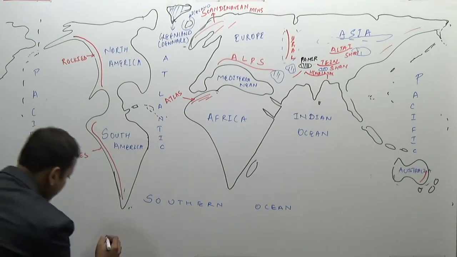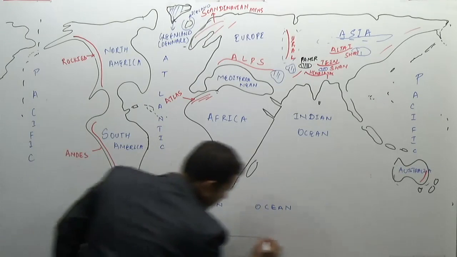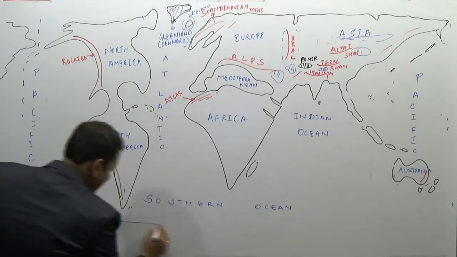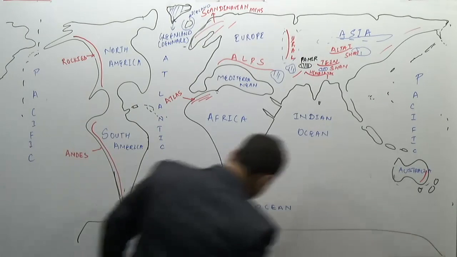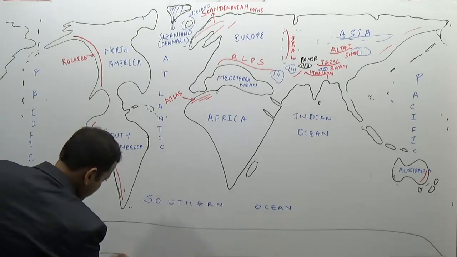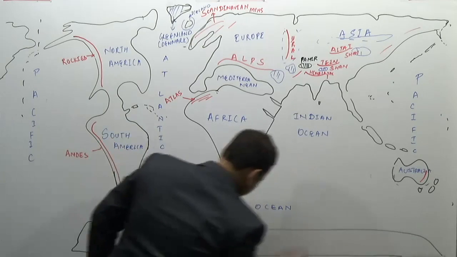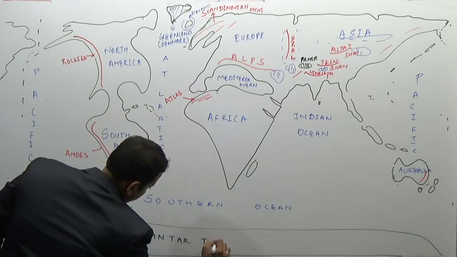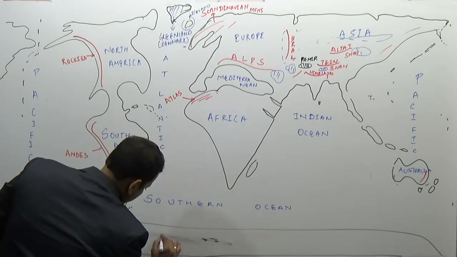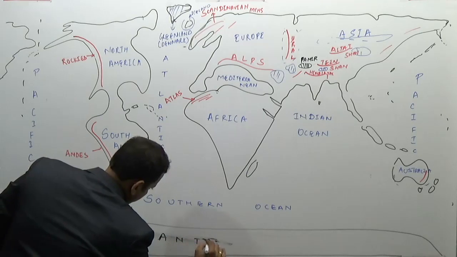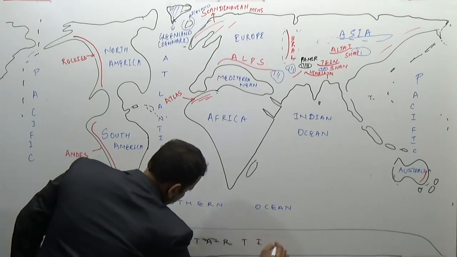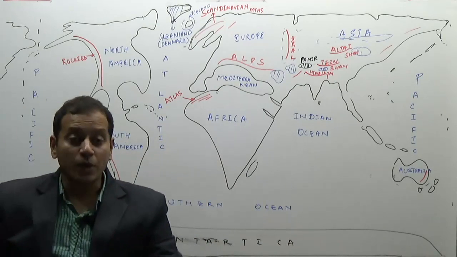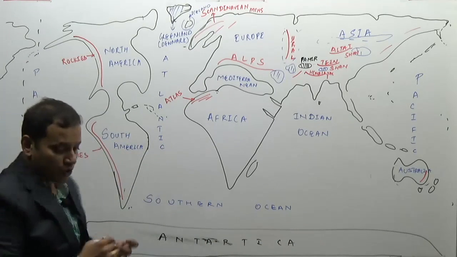We have the land of Antarctica, or the continent of Antarctica in this region. While at the top we have the Arctic Ocean.